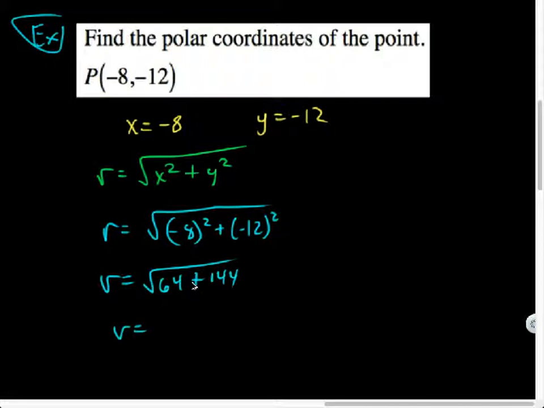Let's see, is that 208? Yeah, and then square rooting that number, I get r is about, that's the ugliest r I've ever seen, 14.4222. So there's my r value, not to be confused with the thermal efficiency of insulation or building materials.